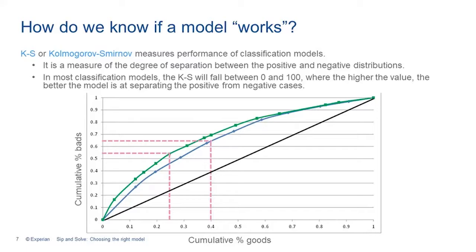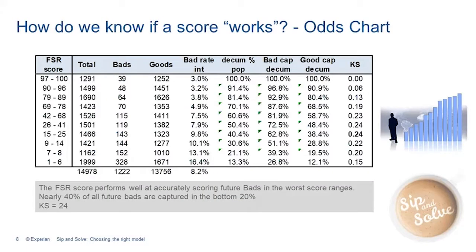There are some other metrics that we also look at. And on the next slide here, this is a sample odds chart. So what we would do is look at the scores by decile. So it's 10 approximately even populations across the total sample. And we lay out by those score ranges how many goods and bads and the bad rates.